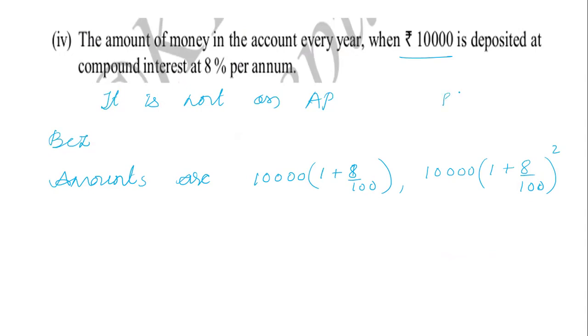This is P into (1 plus R by 100) whole raised to N, the formula for compound interest, where N is years, P is principal amount, R is rate of interest. Therefore, here the common difference is not the same in all cases. Therefore, it does not form an AP.